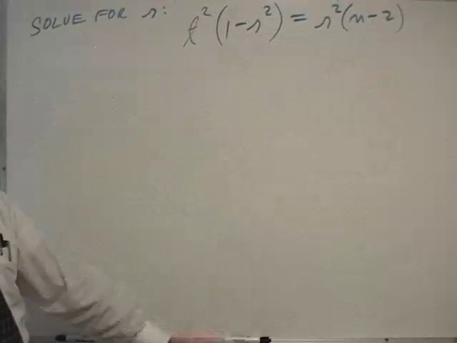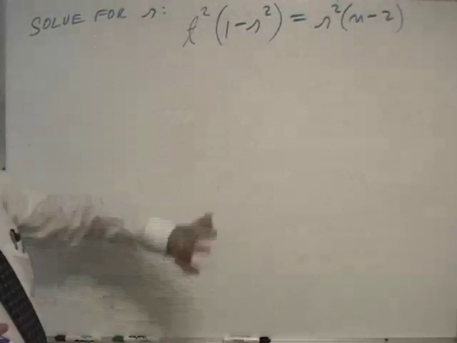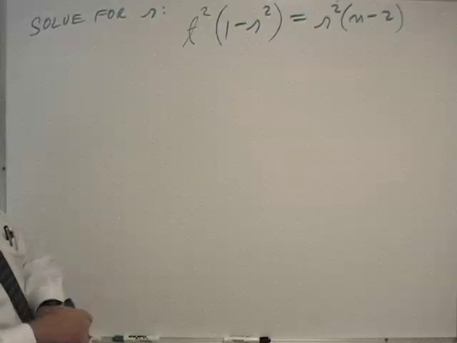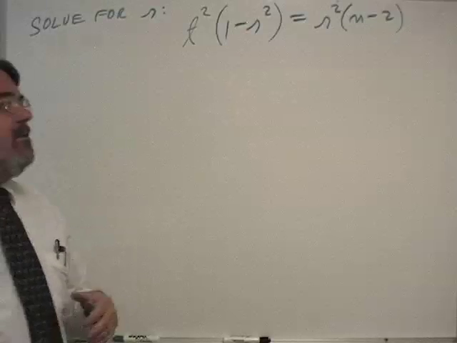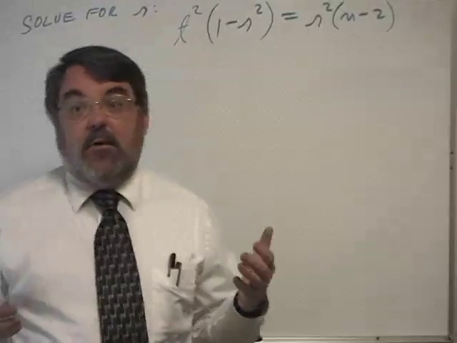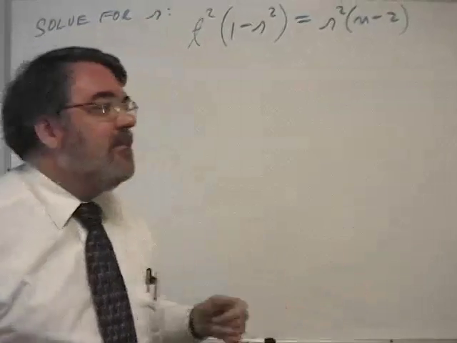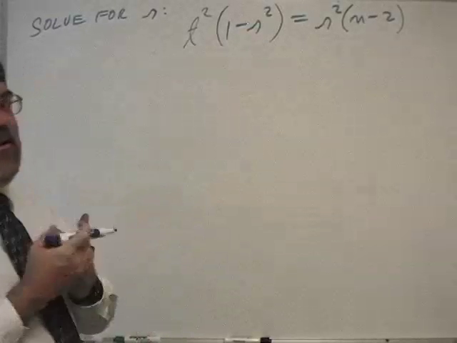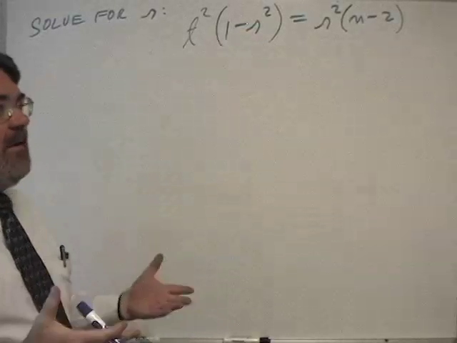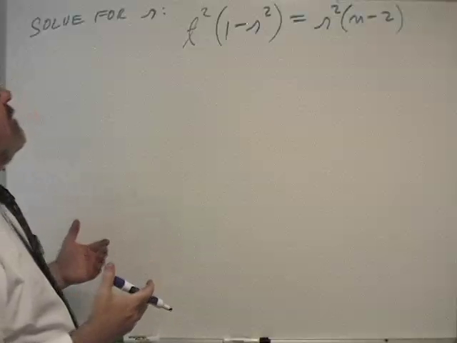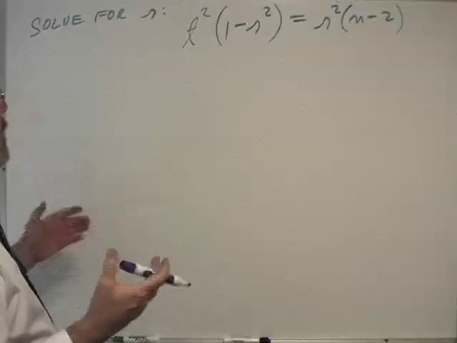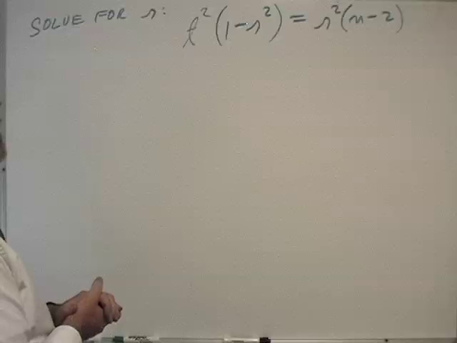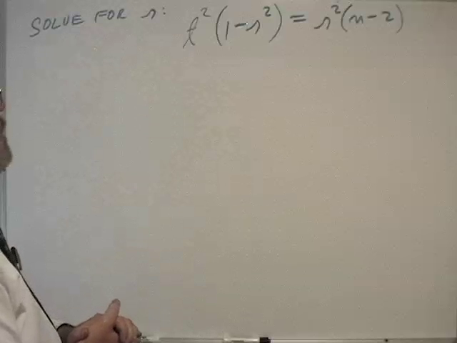Okay, I've transferred the last line I had up to the top of the board. And our goal here is to figure out how to isolate the R, or R squared. And since I have just R squared right now, I'm just going to concentrate on getting R squared by itself, and then we'll deal with getting R. Alright, so let's see.